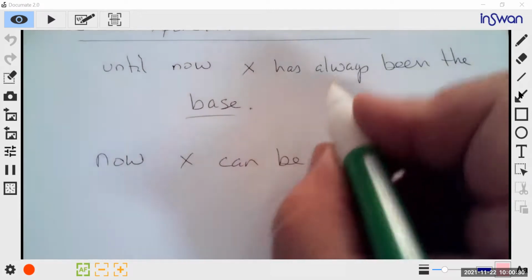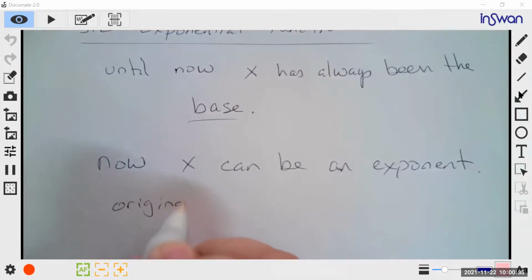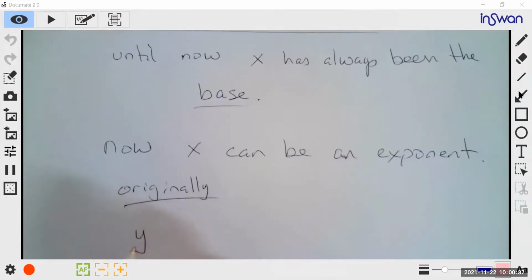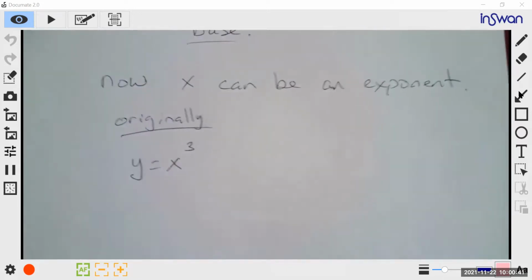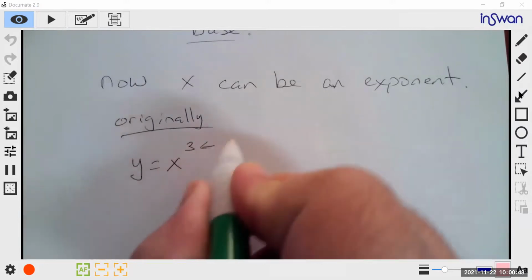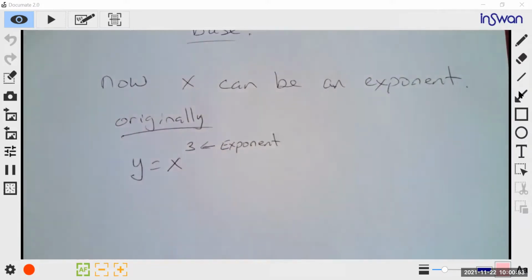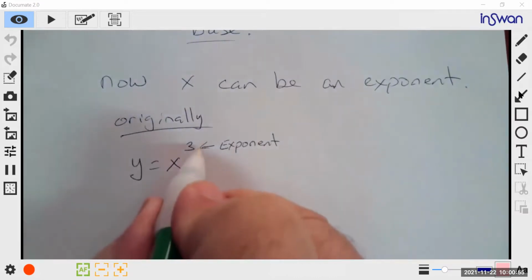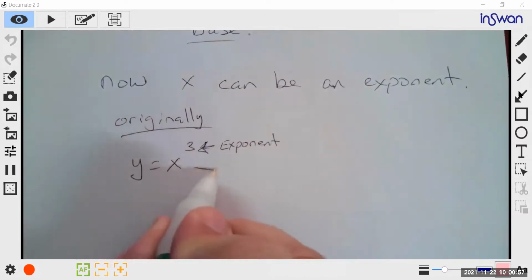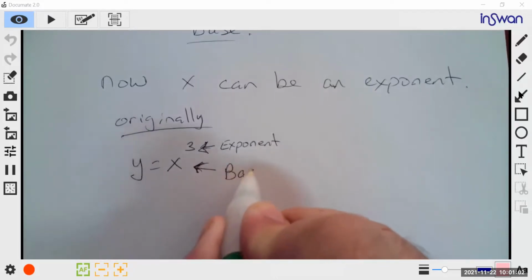So, in the past, originally, we had y equals x to the third, or something, x to any exponent. Remember, this is our exponent, or power. And this number down here is called the base.